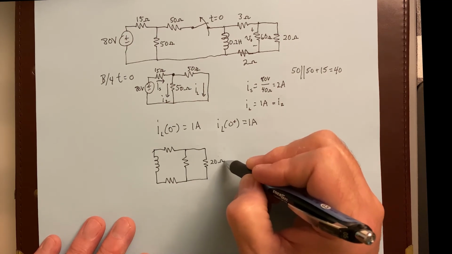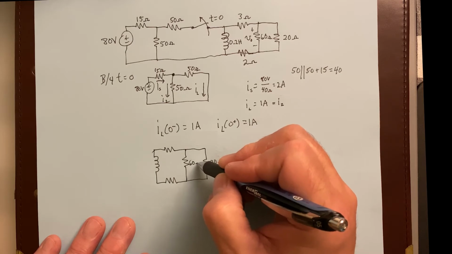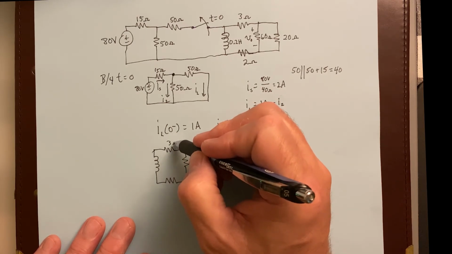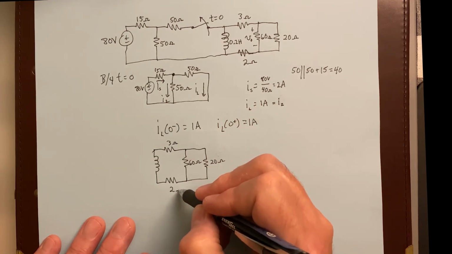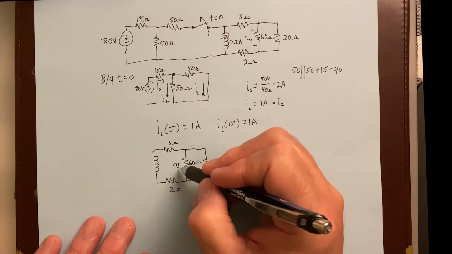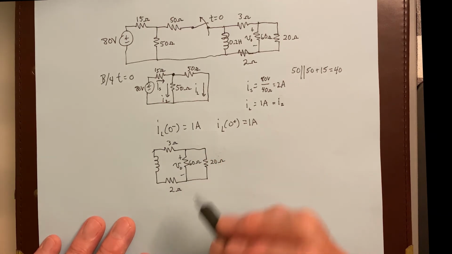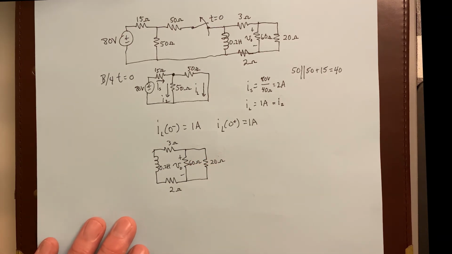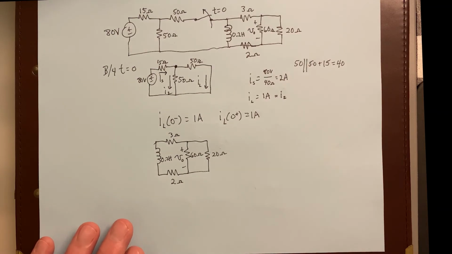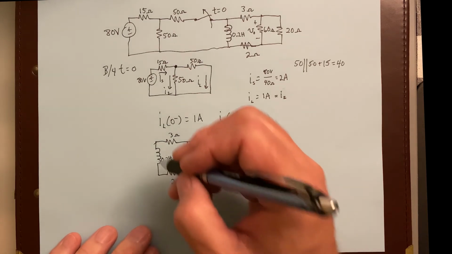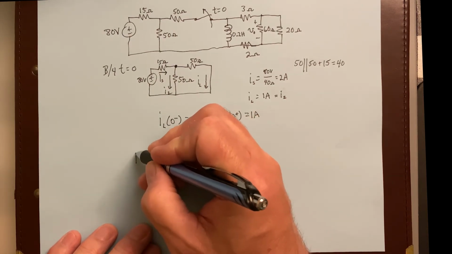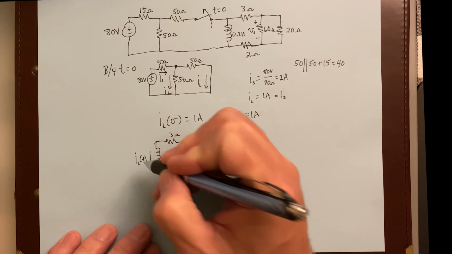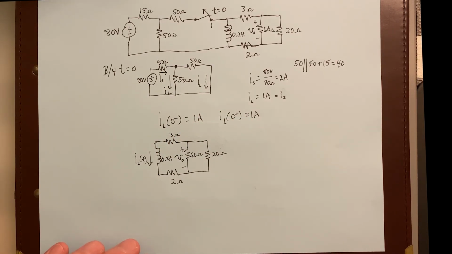So there's the 20 ohm, 60 ohm, 3 ohm, 2 ohm, V naught across that 60 is what we're after, and this is a 0.2 Henry inductor. And we know what our initial current is through our inductor there. So this is I sub L, and that's going to change over time, so it's a function of time.